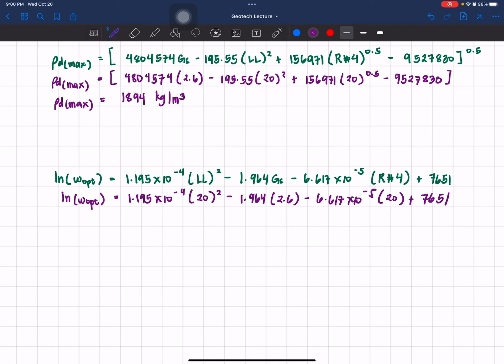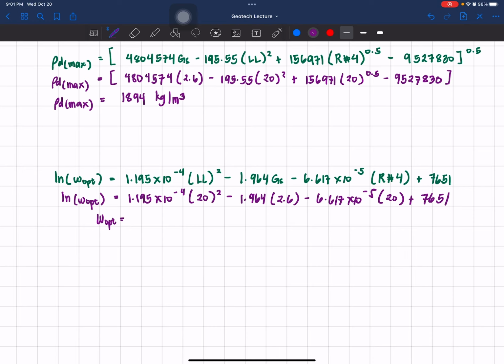So, our ln of the moisture content, let's just go directly. After we get that term, we now have the optimum moisture content. We just need to take the anti-logarithm later on.